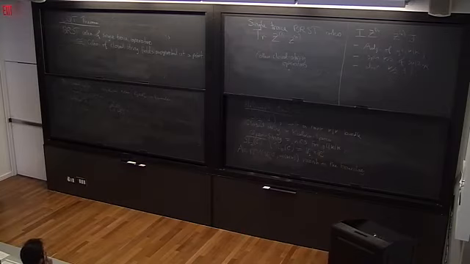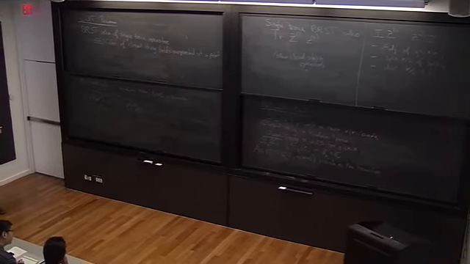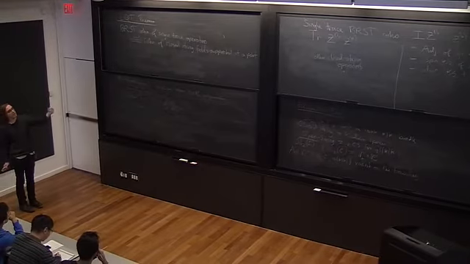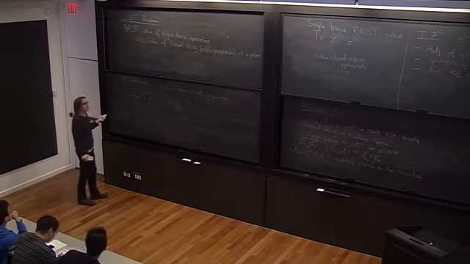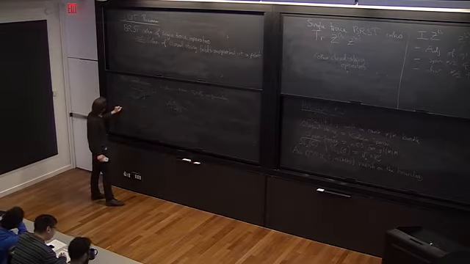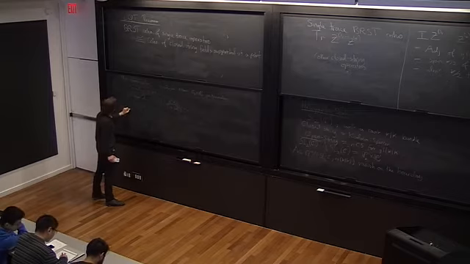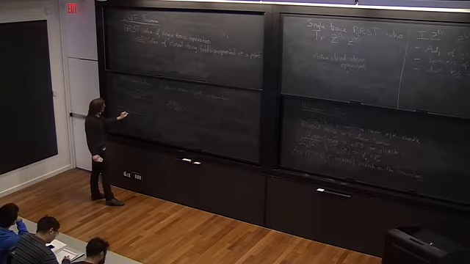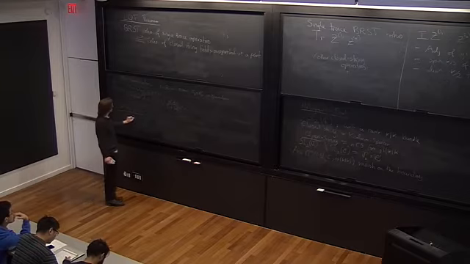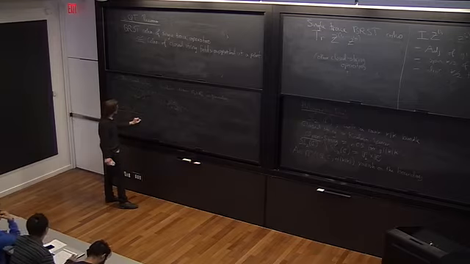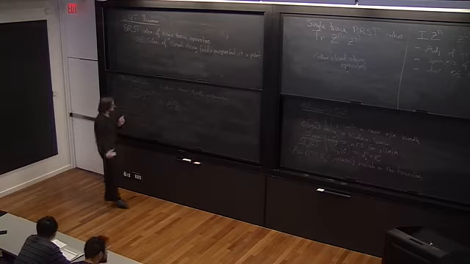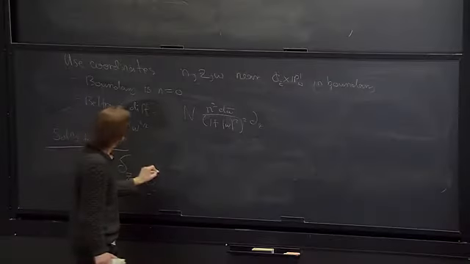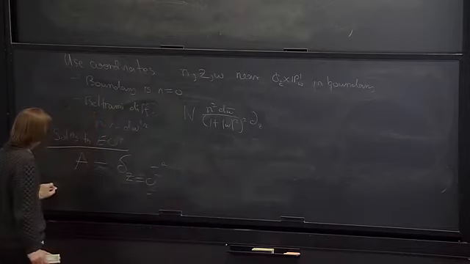Okay, so how would I modify the equations of motion? Like, how would I write down a solution to the equations of motion which does not satisfy the boundary condition? My first guess would be I can define A to be a delta function at z equals 0 times some Lie algebra element.